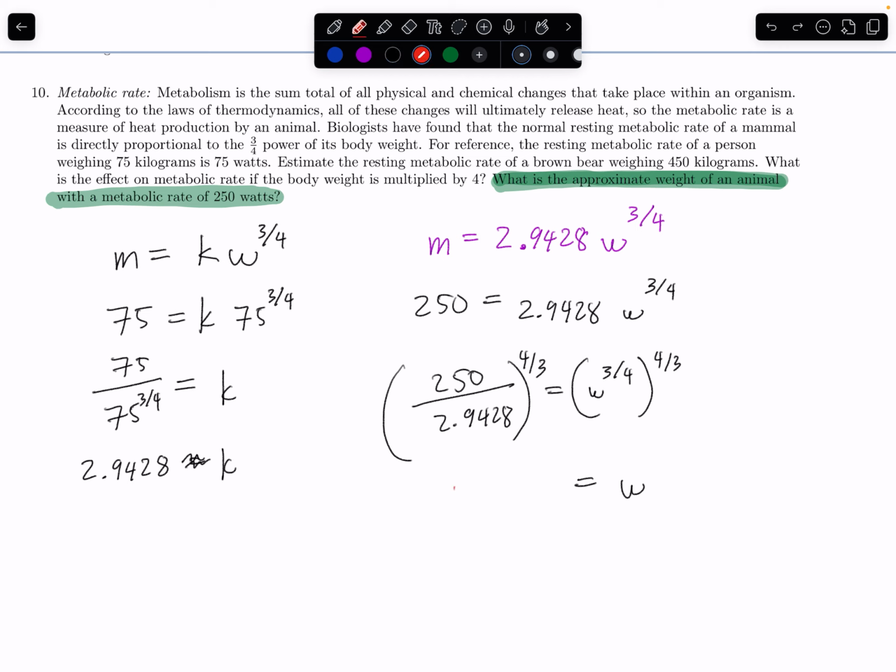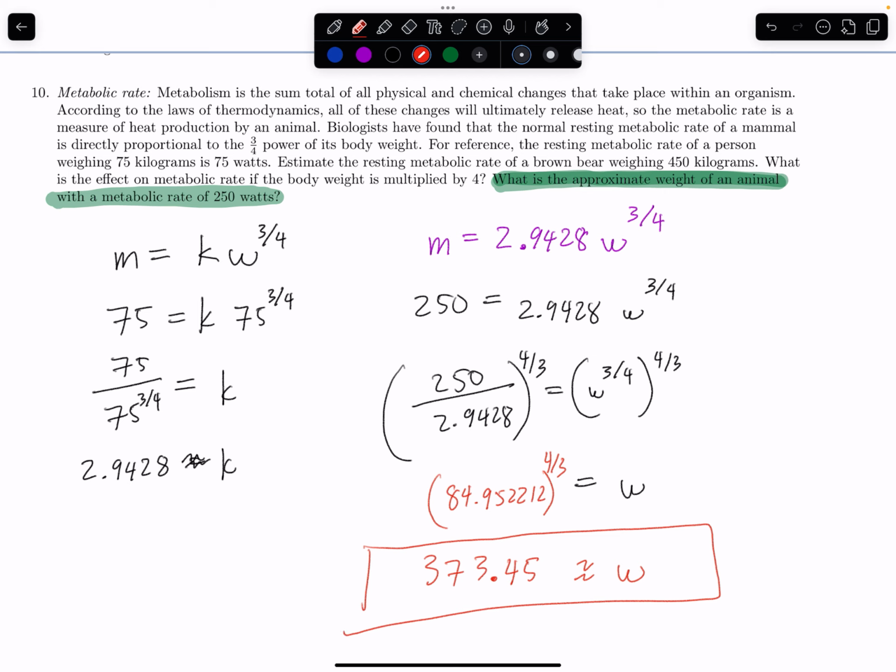That approximation is about 84.95212. I'm raising that to the 4/3 power. When you do that, you get W is approximately 373.45.